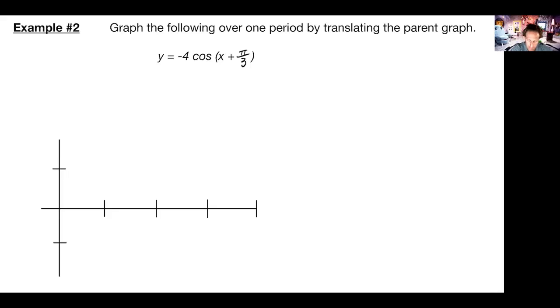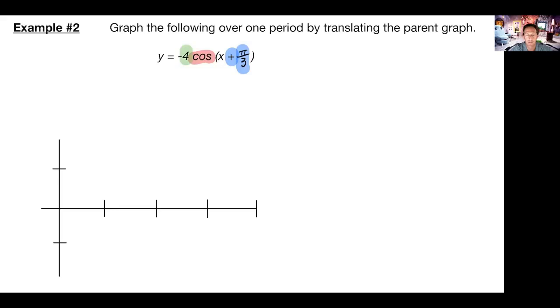So x plus pi over 3, I know that something is going to change because of that. And remember, since it's adding or subtracting and it's being done to the x, we will do the opposite and shift left pi over 3. And by that, I'm talking about the original parent function, which in this case happens to be a cosine. Then we're also going to have to do an amplitude change.